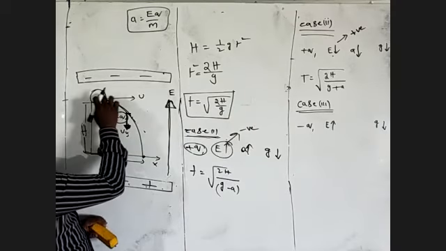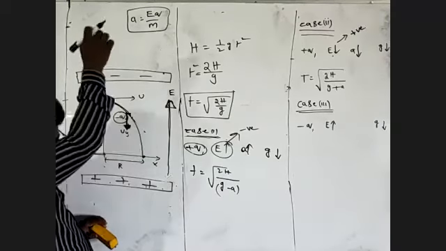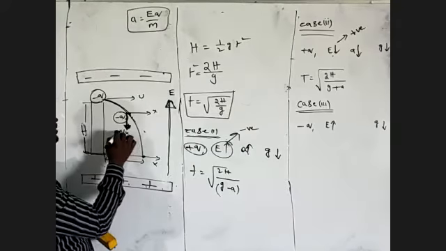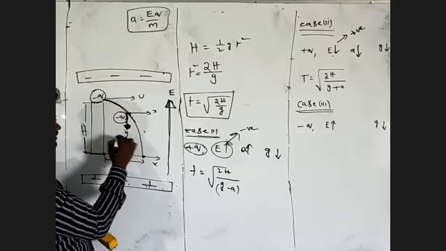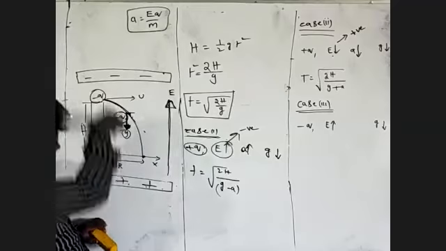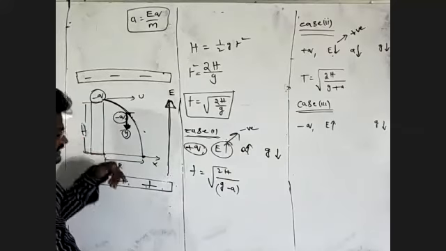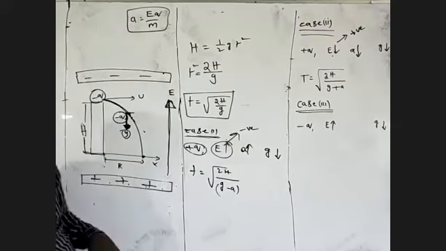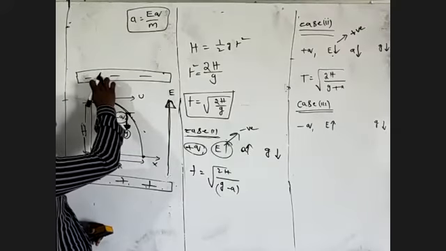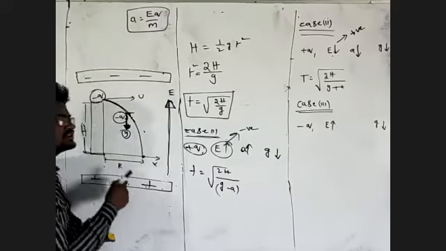The negative charge is projected with a velocity u in a horizontal direction. This is the x component and this is the y component. I'm only considering the vertical component. This is a negative charge, and the negative plate will repel negative charges in the downward direction.